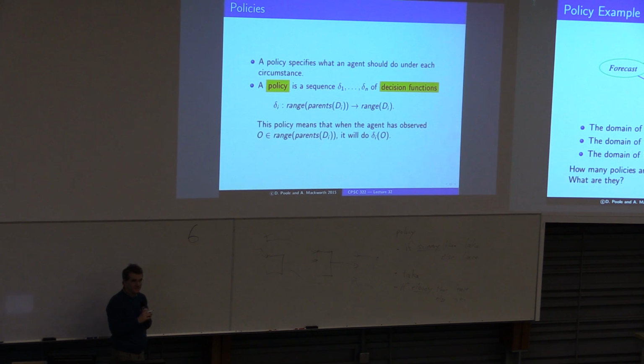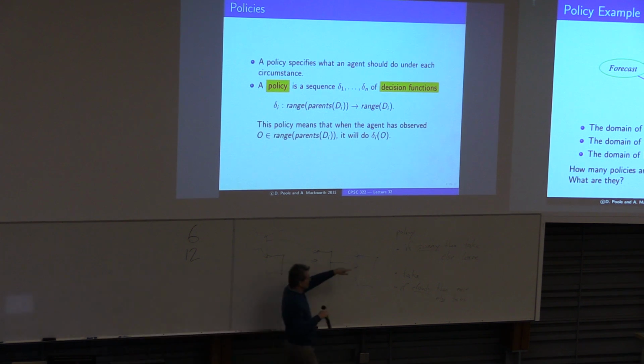It's not 6. Someone thinks it's 12. Why is it 12? Because you can have 2 of the forecast variables.